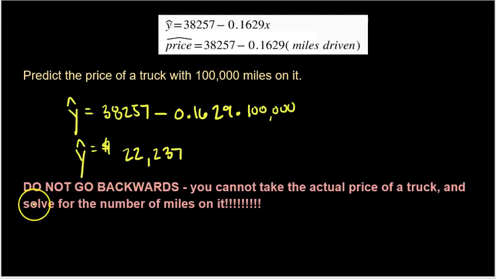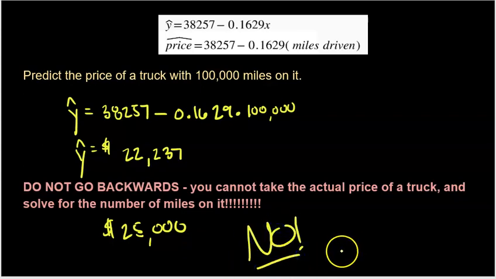Now, I said this earlier, I want to emphasize it again, that you might have a better understanding, is that these equations cannot go backwards. Don't be fooled, because I will try to fool you. If I said something like, hey, there's a car that's for sale for $25,000, can you take the price of $25,000 and predict the mileage? The answer is no, I cannot do it.